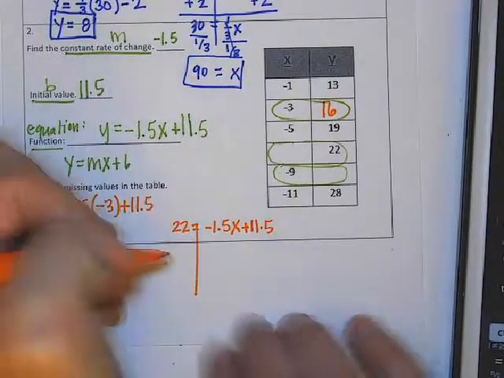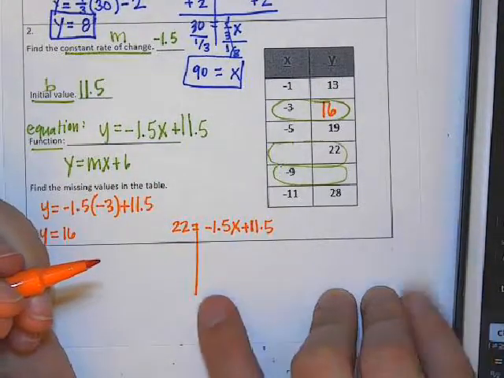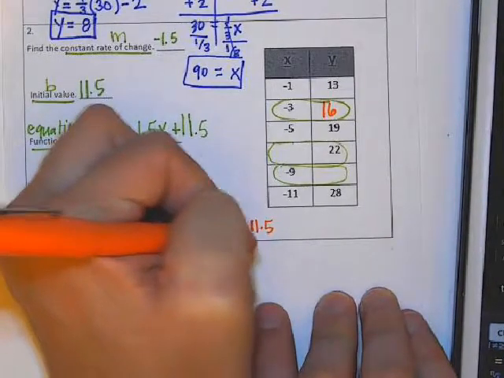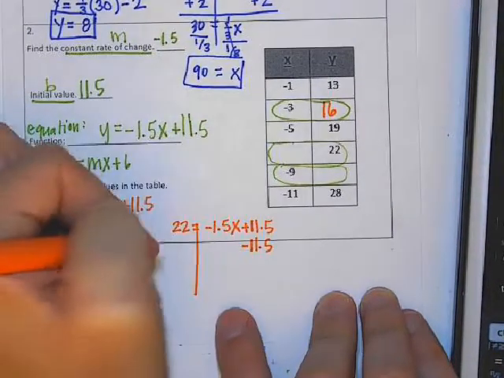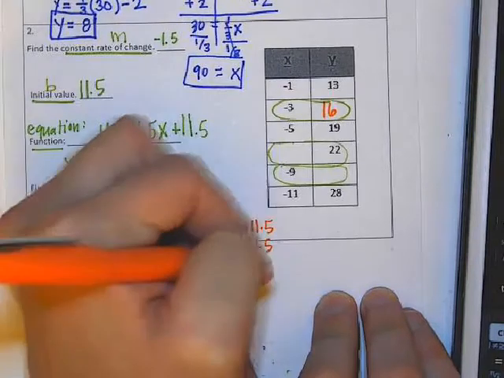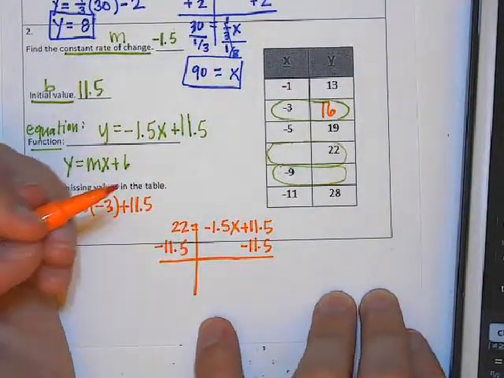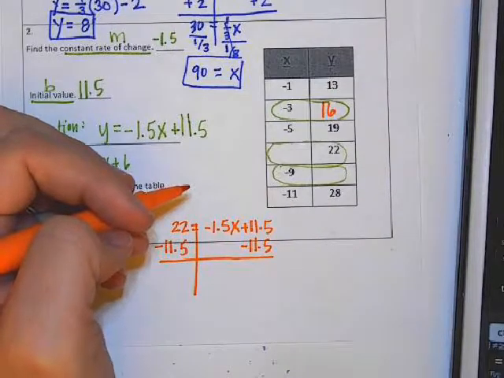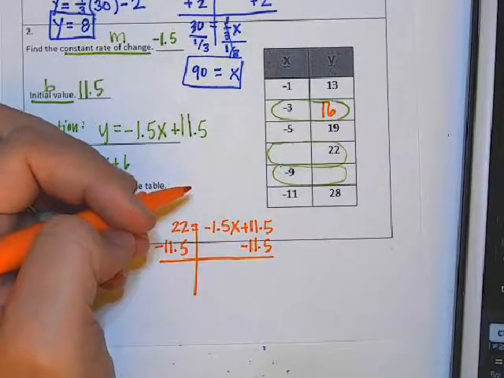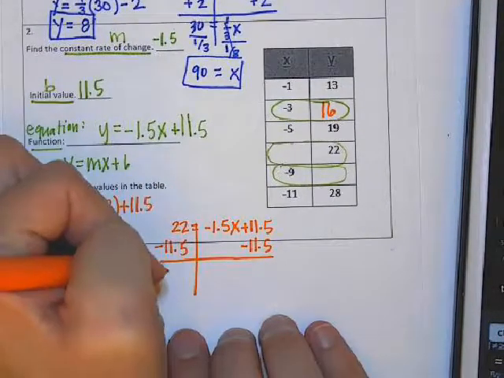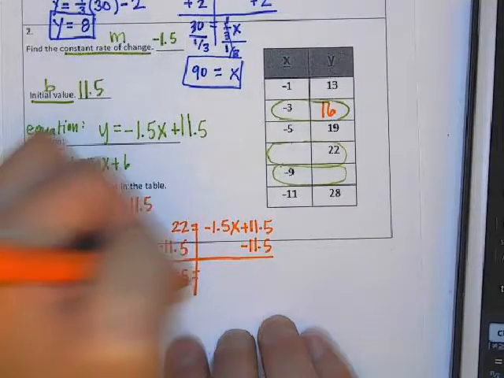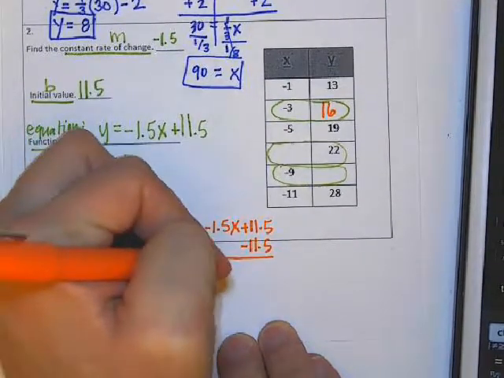So what number do I move first? Minus 11.5 on each side. What's 22 minus 11.5? 10.5. 10.5 equals negative 1.5x.